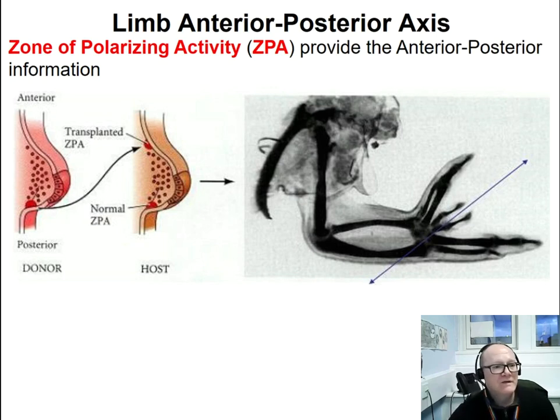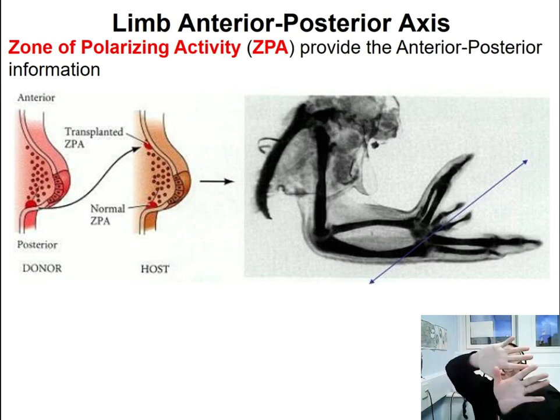If you look at this particular animal, you see here the stylopod, which looks almost normal or normal. The zygopod looks normal, perhaps with some small aberration, but the autopod looks completely different. In fact, what you see here is that the autopod is replicated upside down. So it's like having two hands, one on top of the other.